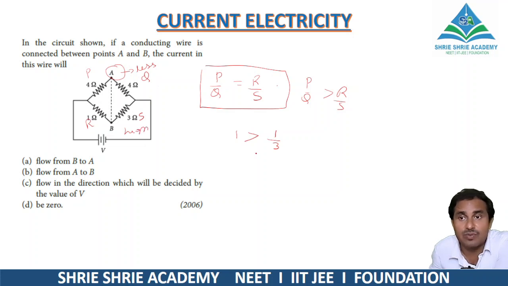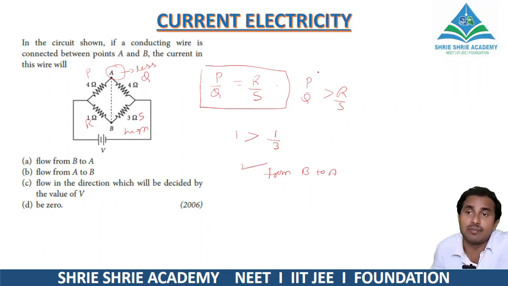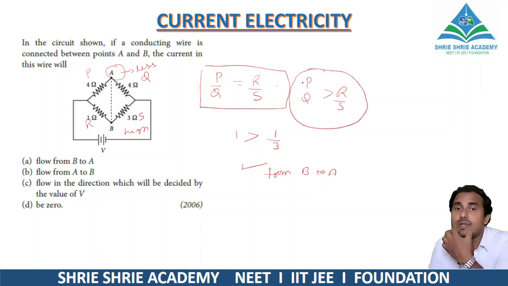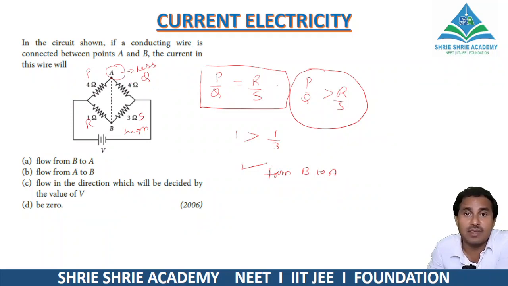Current goes from high to low voltage, so in this condition current flows from B to A. Since P by Q is greater than R by S, this side will have less potential. You can find this within less than 1 minute.